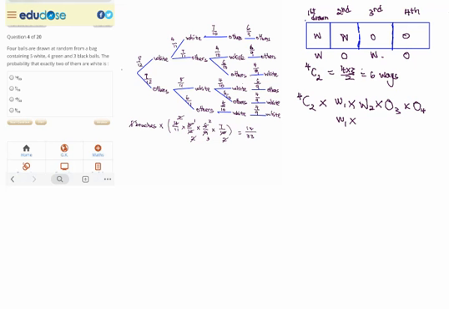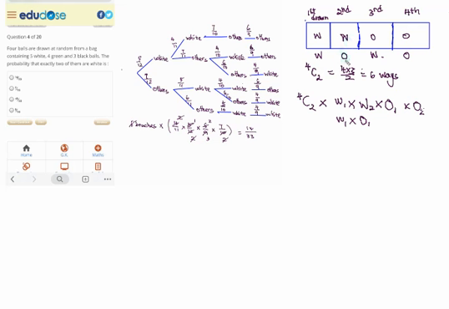Sorry, this is a mistake. This should be the first. In the third draw, you draw the first other color. Then in the fourth draw, you draw the second other color. So if you look at this one, this is actually O1.